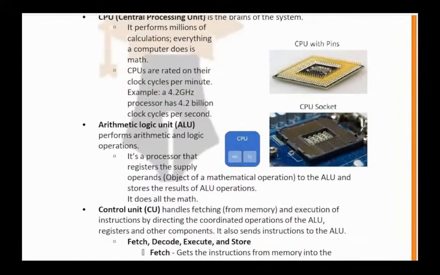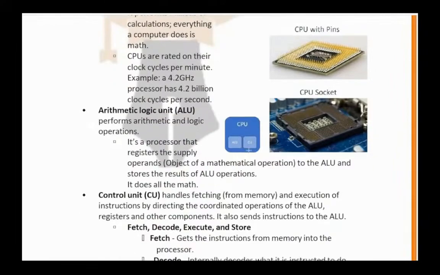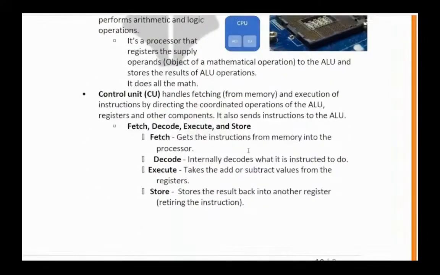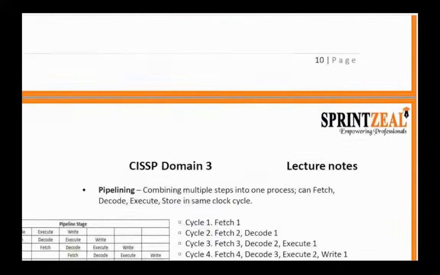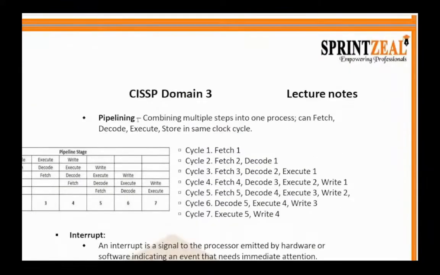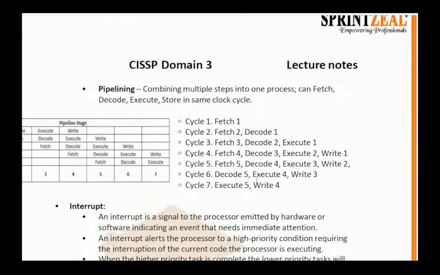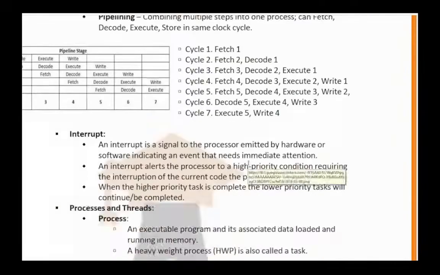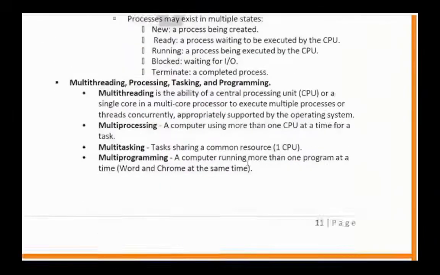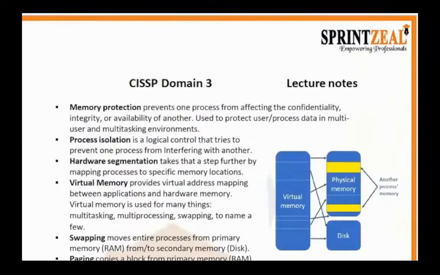Some of the stuff may or may not be on, but like control units, arithmetic logic unit, basically what the CPU does to data as it processes, how it stores. The memory, they may go over pipelining, threads, multi-threading. They didn't go too much over that.